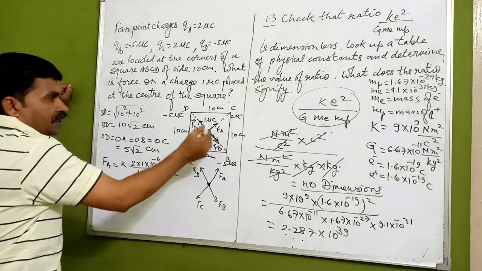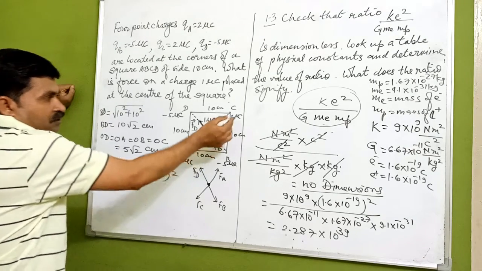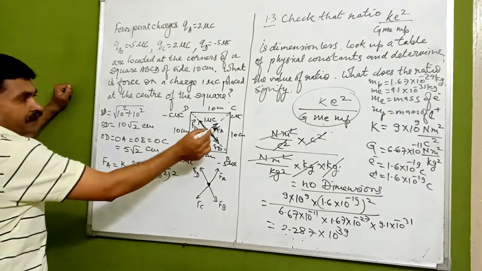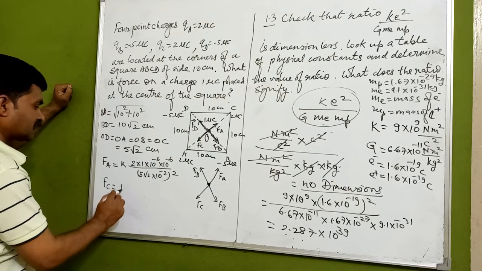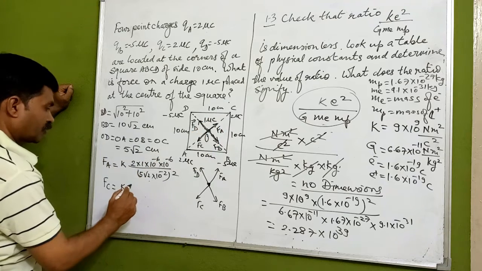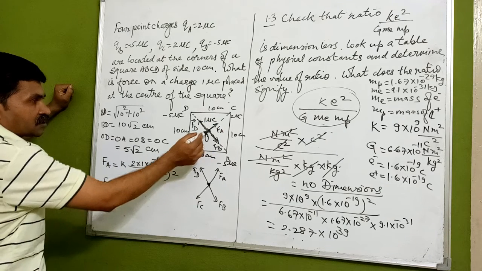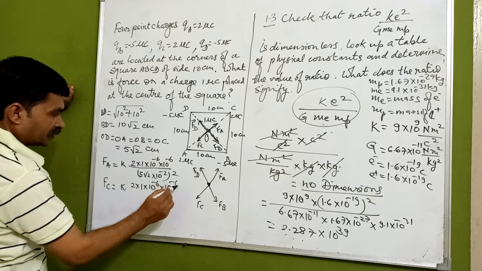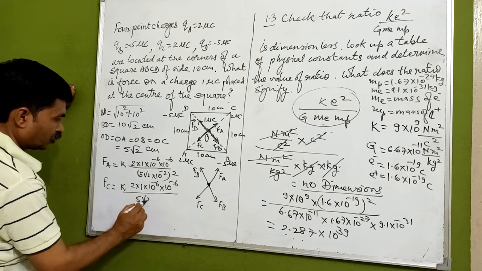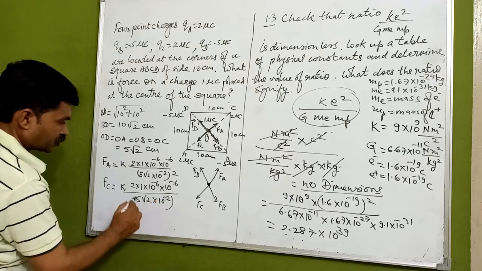This is acting in this direction. Now we have calculated the FC force, which is also K times 2 microcoulomb and 1 microcoulomb, with the distance 5 root 2 into 10 raised to the power minus 2, squared.